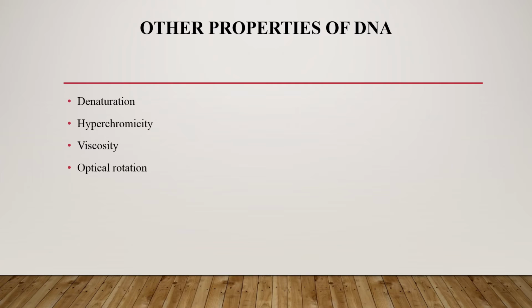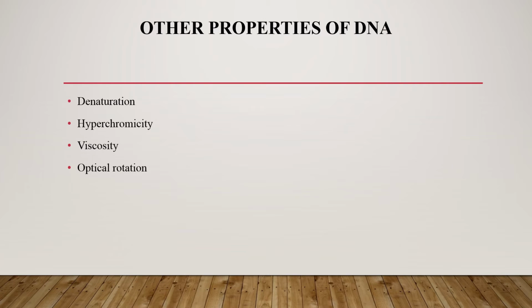If the nucleotides of DNA, like adenine, thymine, cytosine and guanine, are all separated from each other, then the absorption of ultraviolet radiation by DNA is increased. That process is known as hyperchromicity. But if the DNA strands bind with each other again, then the absorption of ultraviolet radiation decreases, and that process is known as hypochromicity.